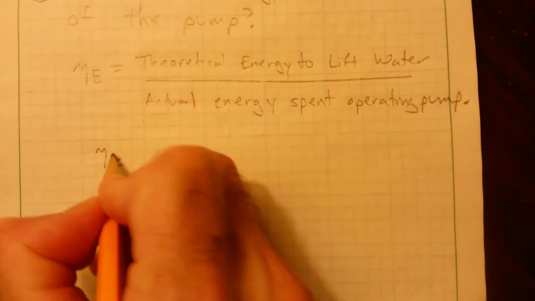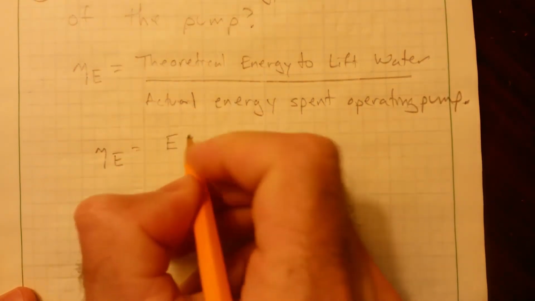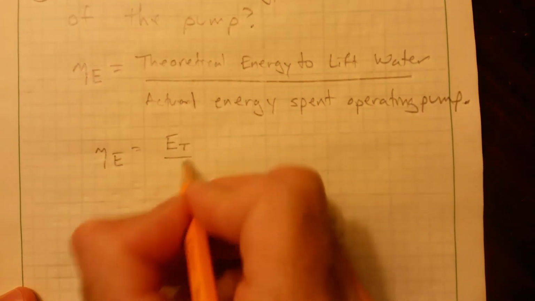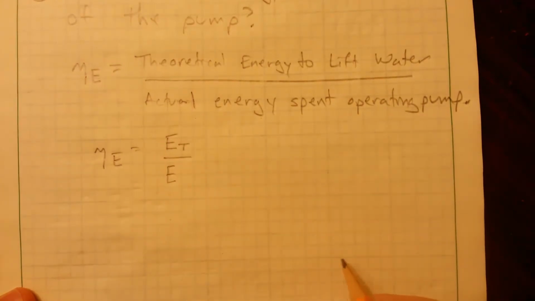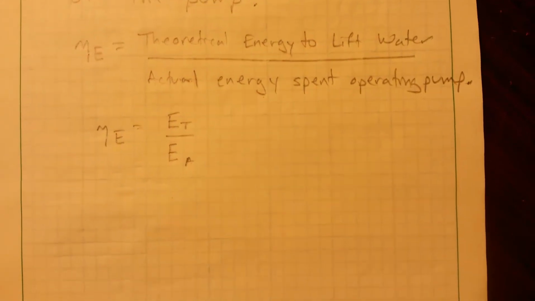Symbolically, eta sub E is going to be E sub T for theoretical energy divided by E sub A for the actual energy.